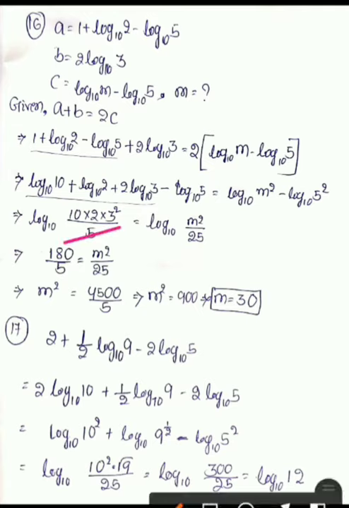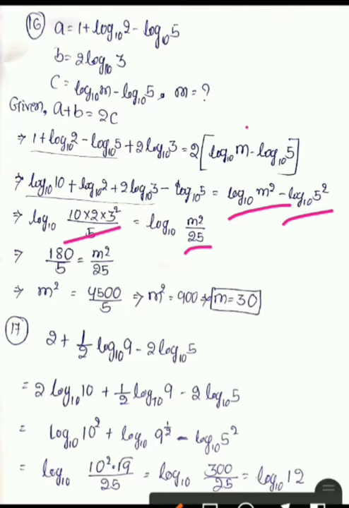Okay, let's go to the right hand side. 2 of log of m to the base 10 minus log of 5 to the base 10. Here you can write it 2 log of m to the base 10. It will be m square by using the power law. M square, and 5 square means it is 25.